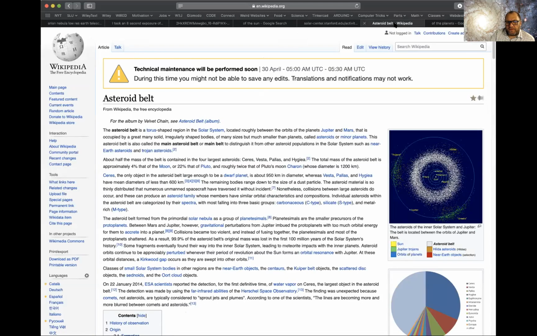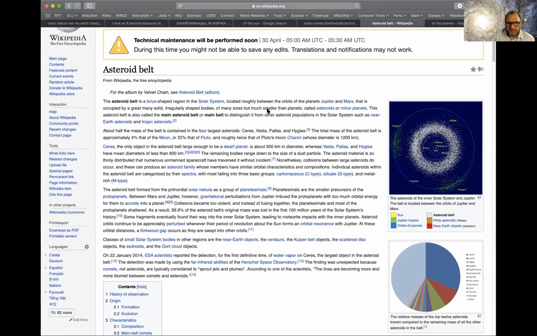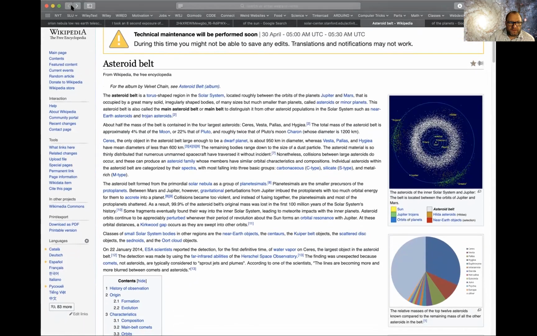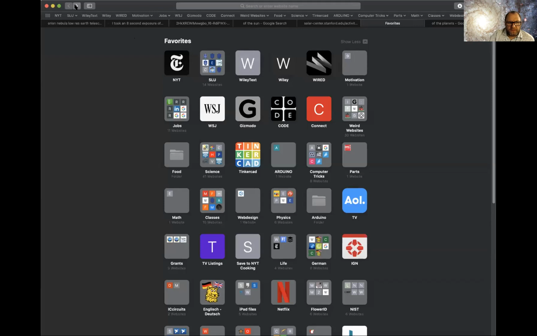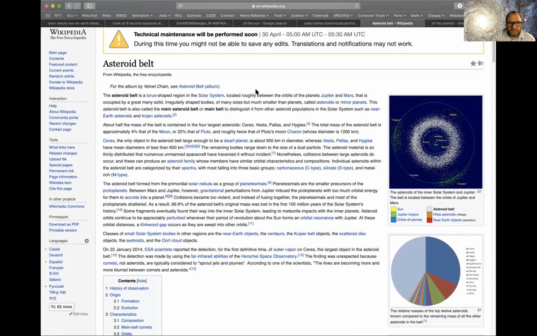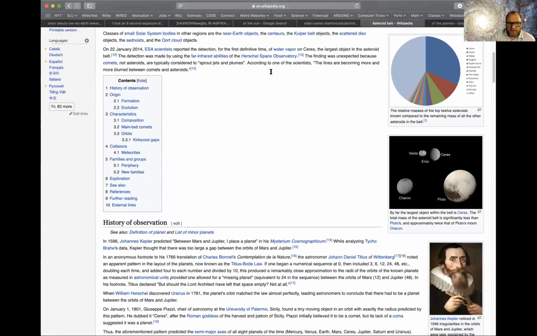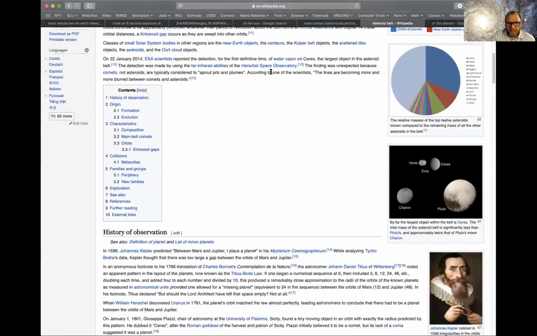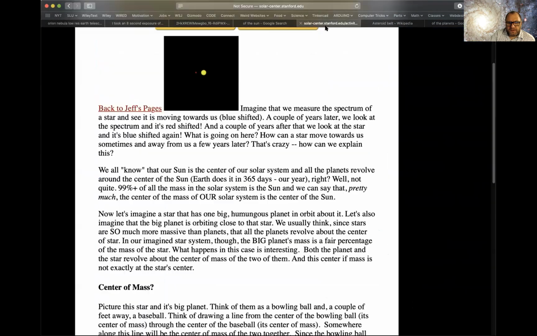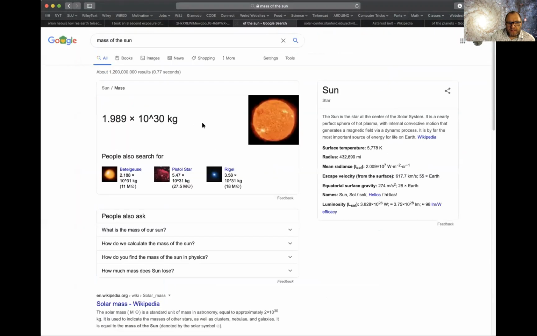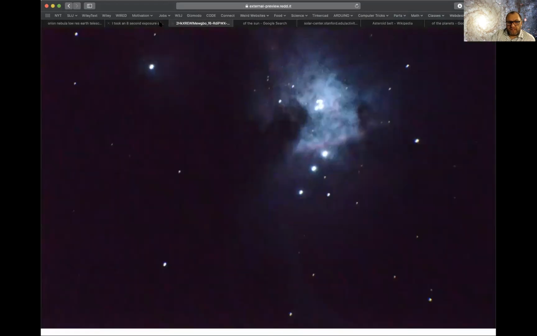Okay, and of course the asteroid belt. It only has a mass, I think it was 10 to the 23. Let's go back here one bit. The mass of the asteroid belt was small. It was much less than Jupiter. It was about 10 to the 23, and the mass of the Sun is 10 to the 30 kilograms.